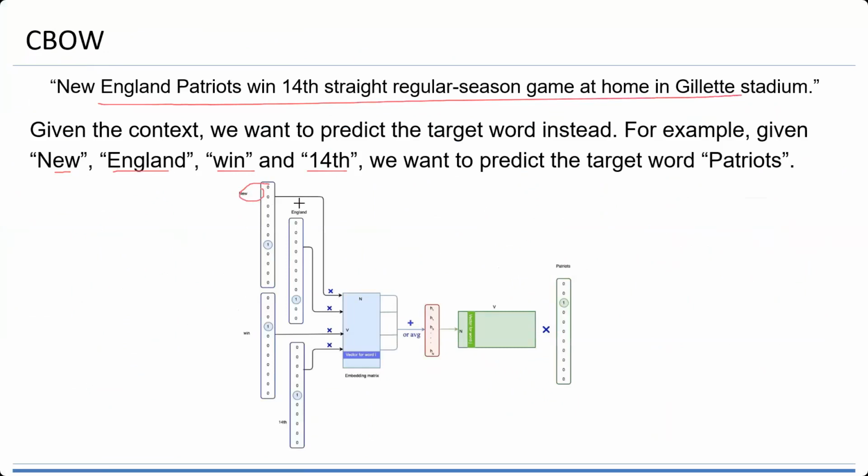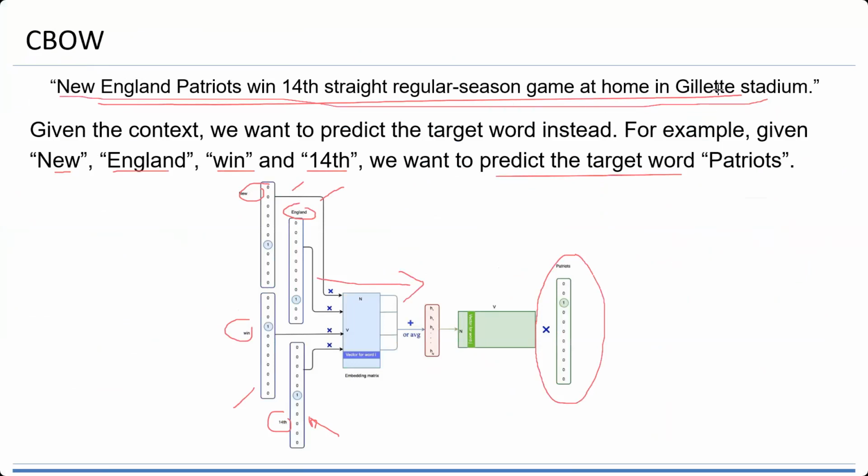After we make it a text representation and fit it into the neural network, we can predict the most possible target word. In this case, we get "Patriots". So we need to make some kind of training data before we do this.